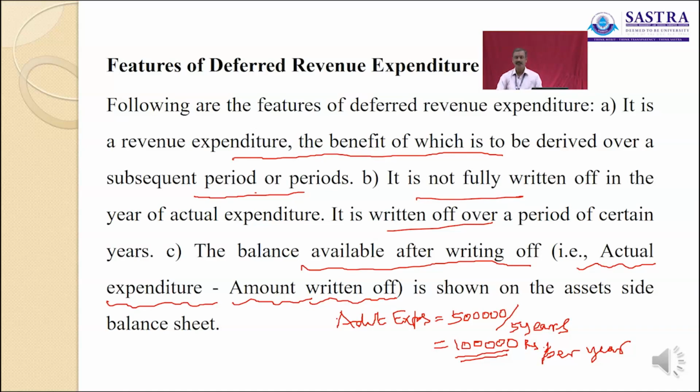In the first year, 5 lakh rupees with 1 lakh deducted, 4 lakhs will be shown on the asset side as net amount at the end of the first year, and in the subsequent period that 4 lakh rupees is to be deducted by 1 lakh rupees, and at the end of the 5 years it will become zero. Such kind of expenditure will be known as deferred revenue expenditure.